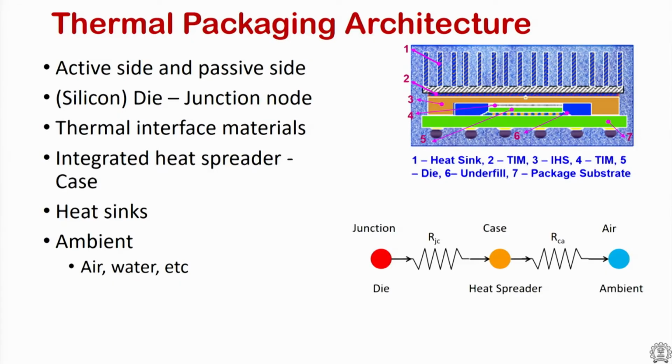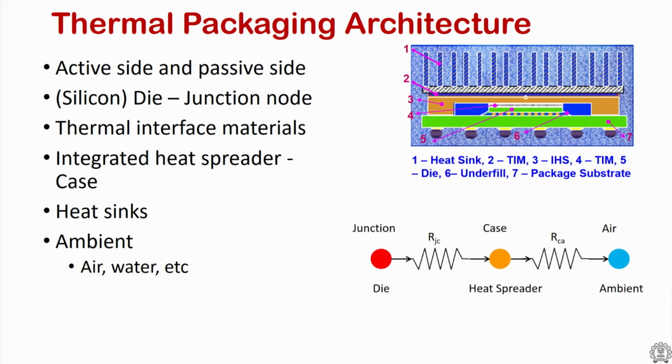And this is the common terminology that is used in the electronics industry to capture some of these aspects. Between the integrated heat spreader and the ambient, you see that there is contact resistance between the integrated heat spreader and the thermal interface material, bulk resistance of the thermal interface material, and the contact resistance between the thermal interface material and the heat sink itself.